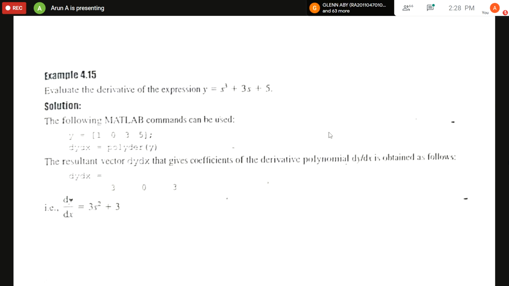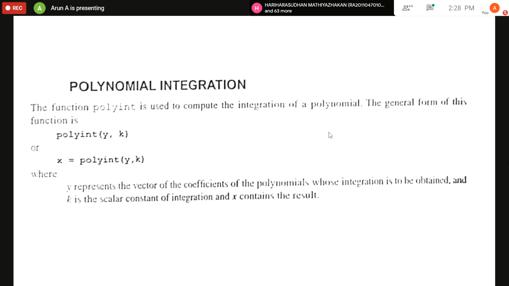Okay. Again, one more question about differentiation. You can check it out, you can run this. And there is one more syntax for integration. The syntax for integration is polyint of y comma k, or x is equal to polyint of y comma k.